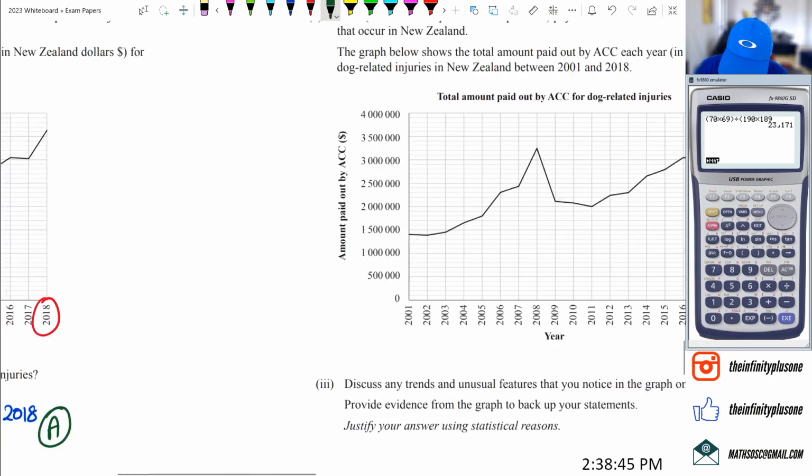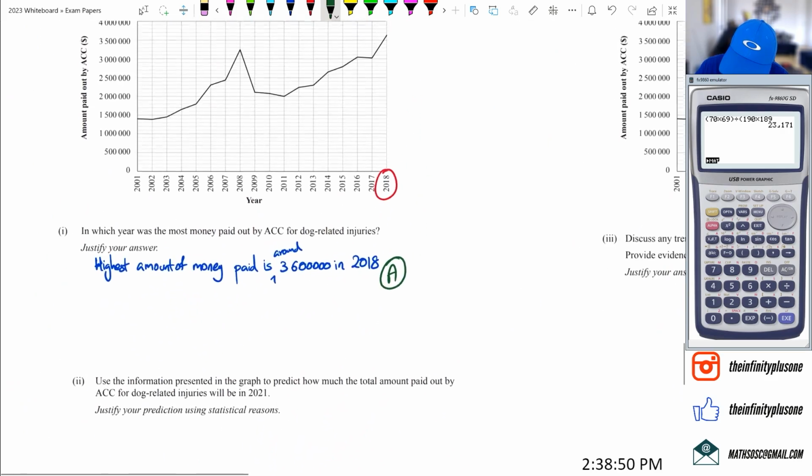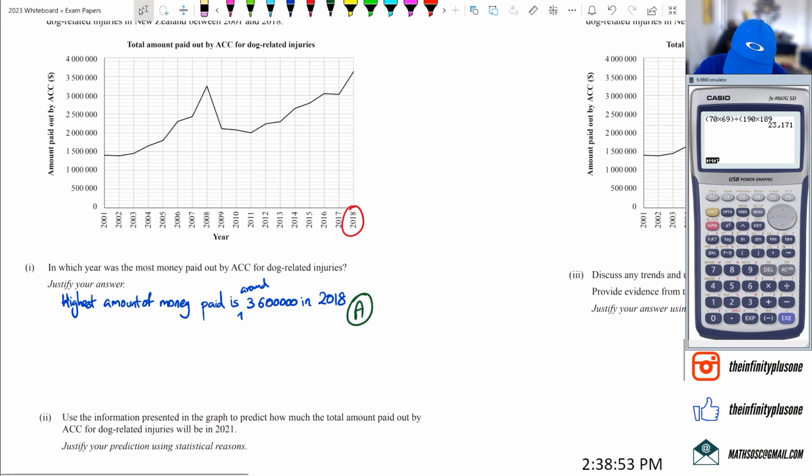Cool. Second part of the question, I've got it here. So we've got to predict the amount in 2021, using this graph. Now this graph is a bit weird because obviously there's a big spike and then it's dropped and then it's coming back up again. So I could just roughly sketch it out here. Looking along that trend line, that could be 2019, 2020, and then 2021.